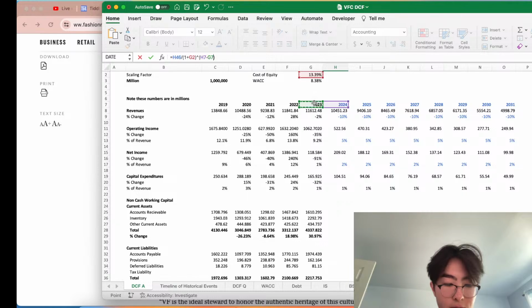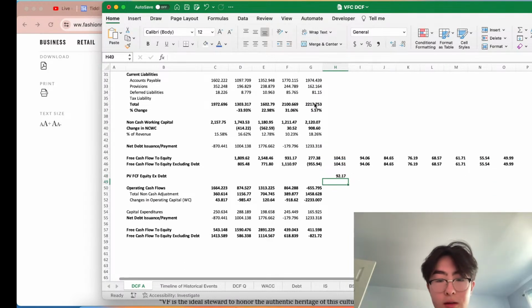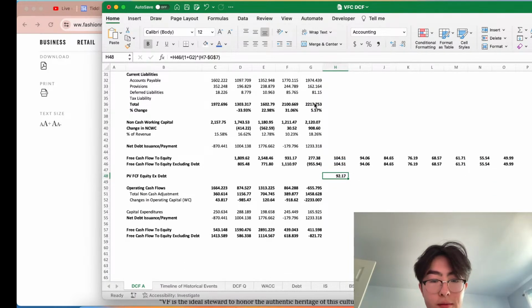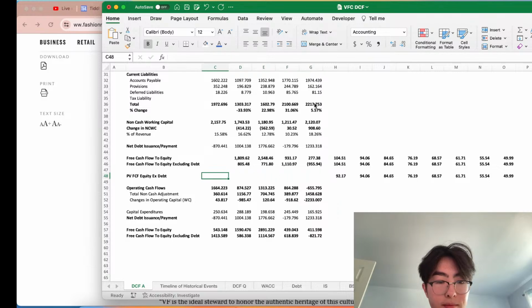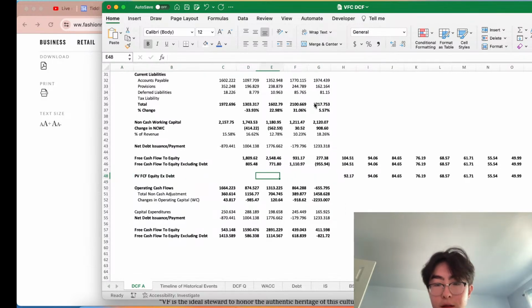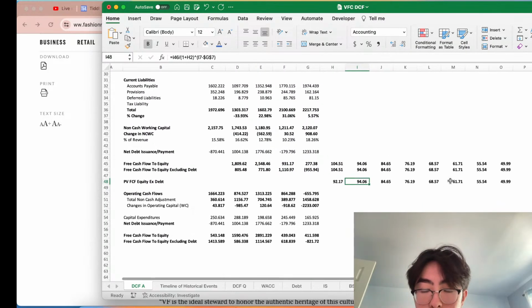So okay, this is the present value of all the cash flows. Oh, that doesn't look good though.